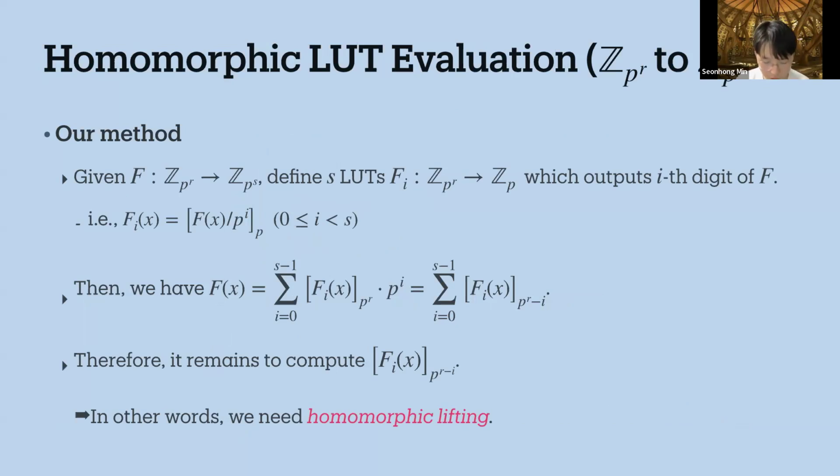Then we know that f can be written as a linear combination of the lifting of those new LUTs f_i, so we have to change the space from Z_p to Z_p to the r. So we can reconstruct the original LUT. It remains to compute the lifting of the f_i's. In other words, we need a method to compute homomorphic lifting.